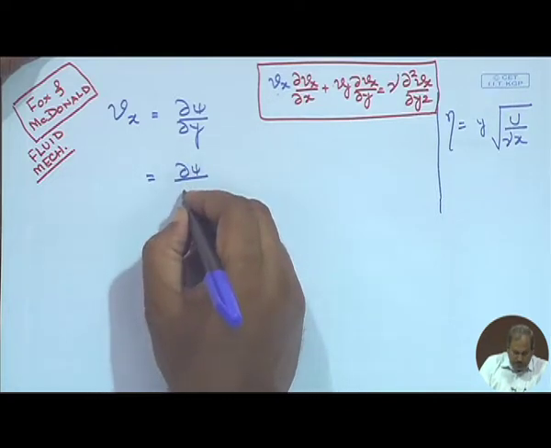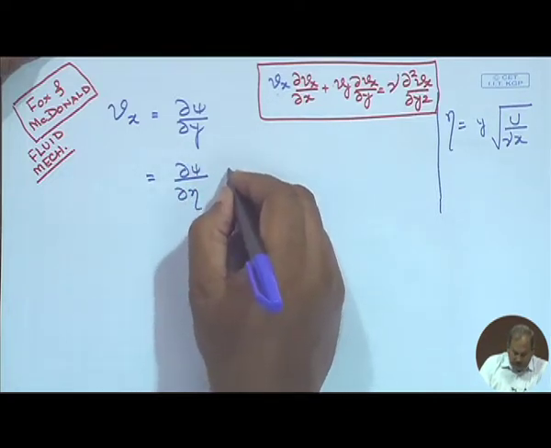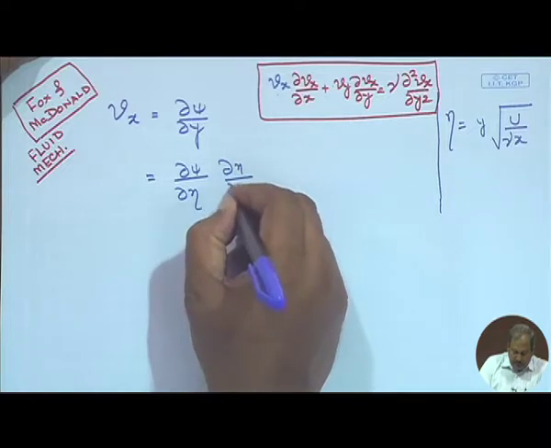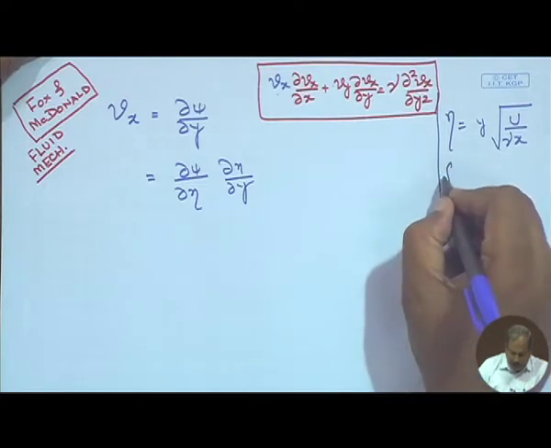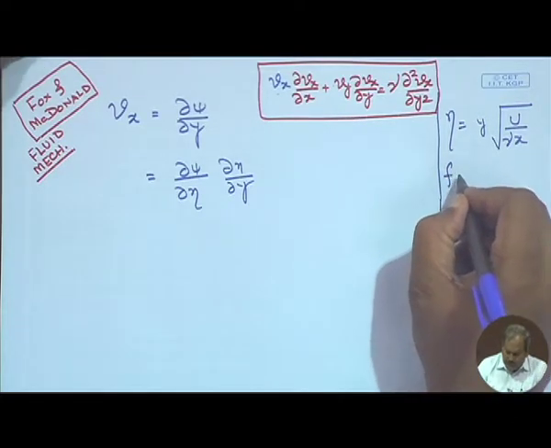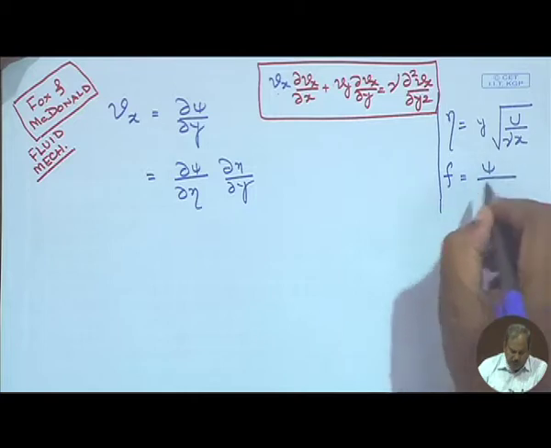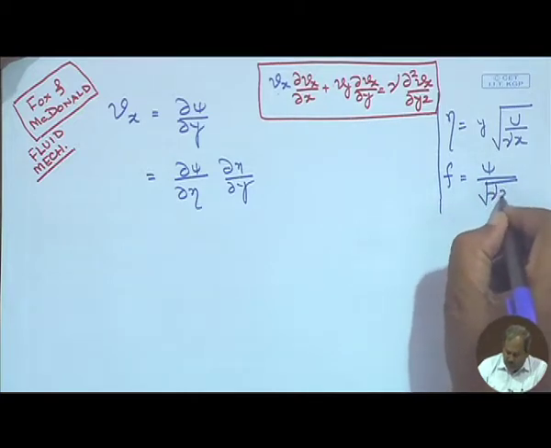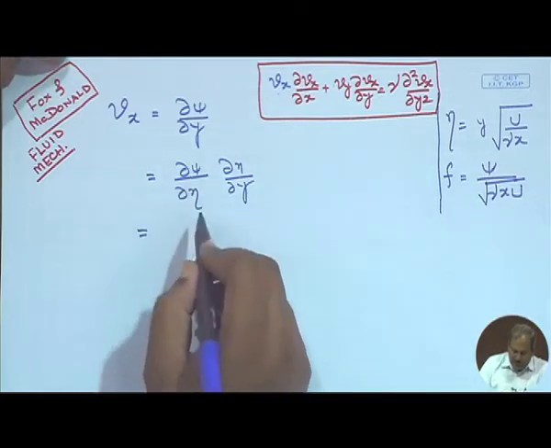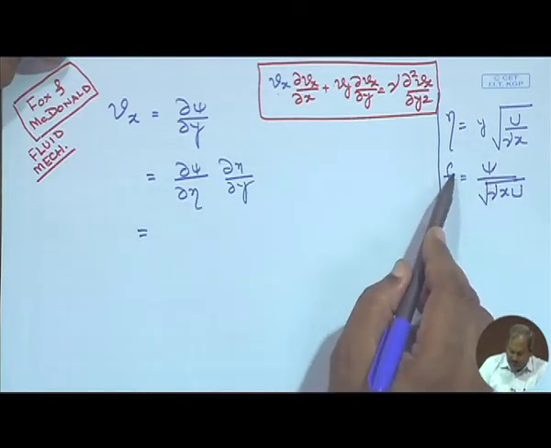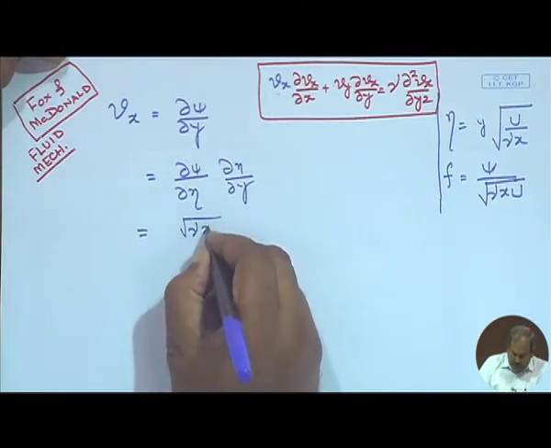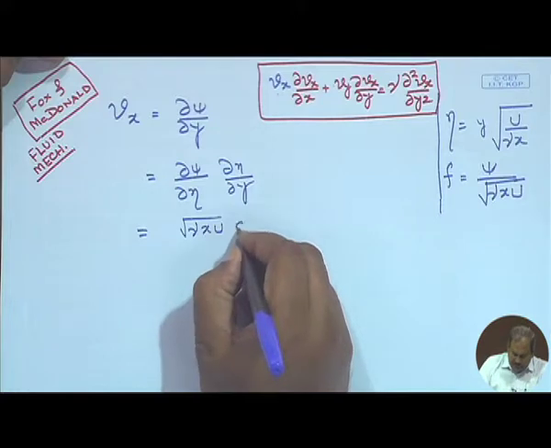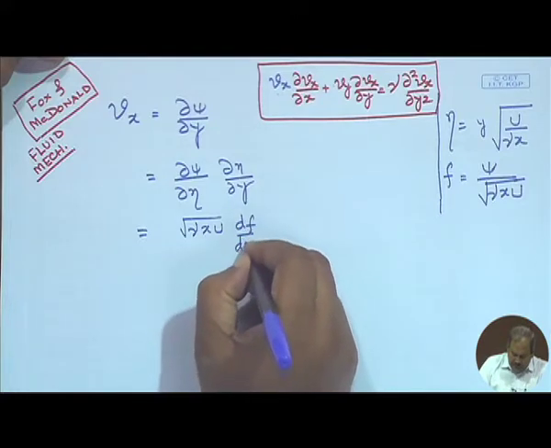So from definition we can simply write this, and f is defined as psi by root over nu x u. So if we do this del psi by del y, if we transform that psi to f, it would simply be equal to root nu x u times df by d eta.